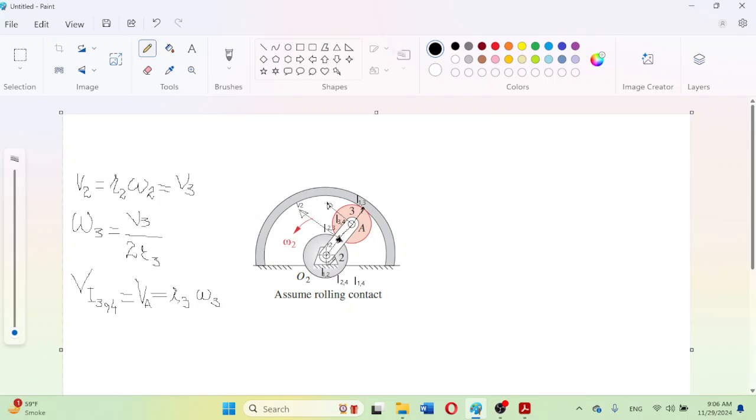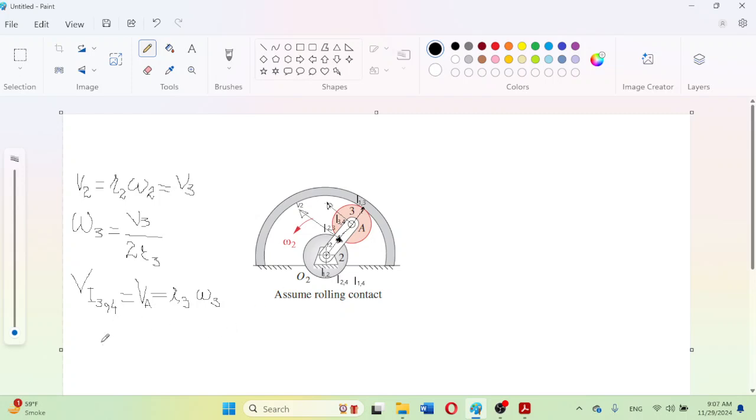Because it is pivoted at point O2, it is in fixed axis rotation, and it will have a different angular velocity, because this link is not rigidly attached to link number 3.